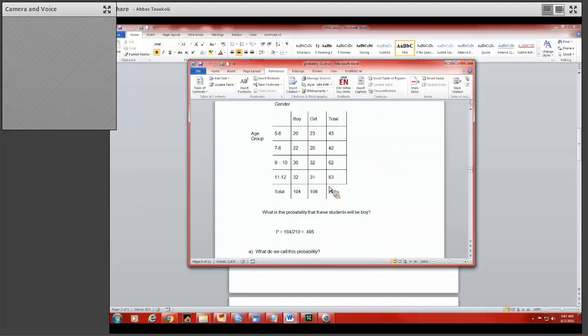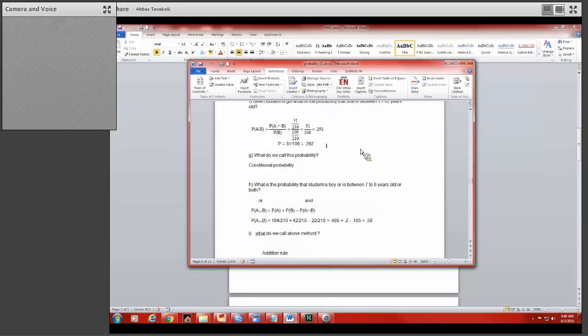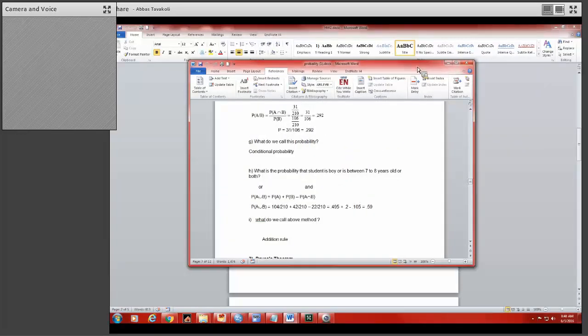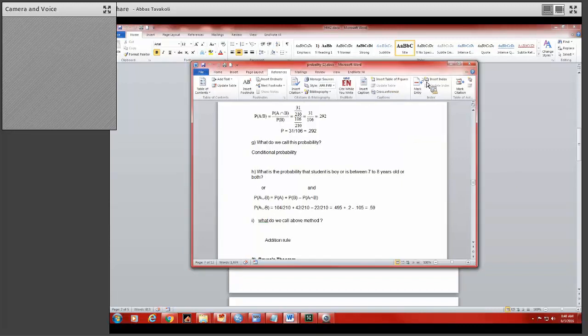So what do we call that, and how many marginal probability do we have? The number of marginal probability is the number of row and column you have, excluding the total. So you wouldn't count these total. So here we have 1, 2, 3, 4, and we have 2. So it's 6 of those, the total of marginal probability we have.